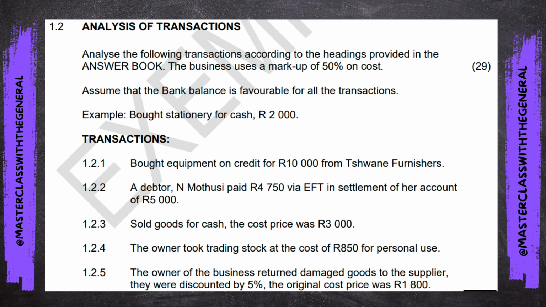So our trading stock automatically goes down when we make a sale, because what we are selling is literally the trading stock. So it's not possible to make a sale without affecting trading stock. So whenever we have the transaction of sales, we must also record that our trading stock has reduced. So let's record the first half and we'll come back and record the second one.